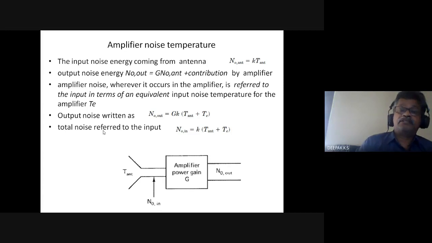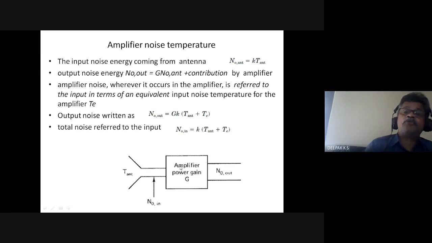Amplifier noise temperature. Here there is another concept. Input noise energy coming from the antenna. Say there is an equivalent temperature T antenna. Then K times T antenna will give this noise spectral density, N naught antenna.